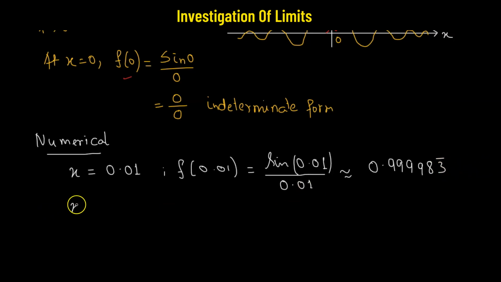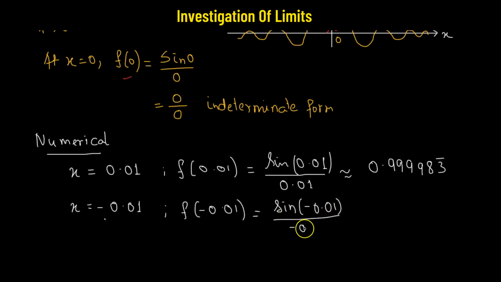Then we take another value. Let's say x equals negative 0.01. That means we are looking at x from the left hand side, or we are approaching x equals 0 from the left hand side. So f of negative 0.01 will be equal to sine of negative 0.01 divided by negative 0.01, and this also gives us exactly the same value, 0.99998 bar.